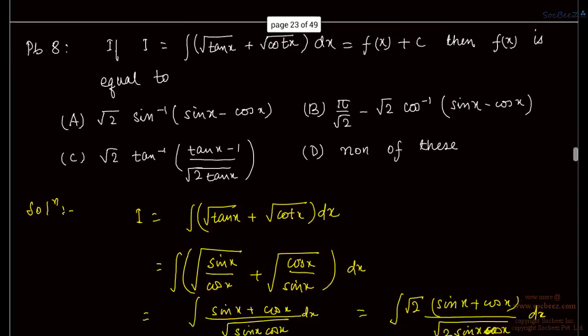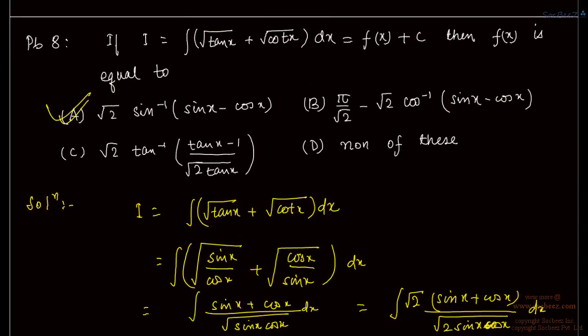So we have A, B and C. All these options are correct here, right? Because all these three are the same expressions only. They are represented in different forms.